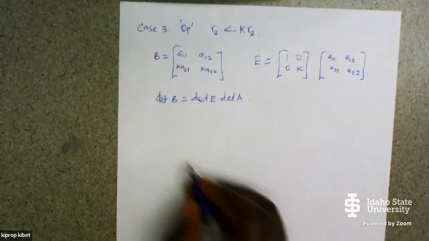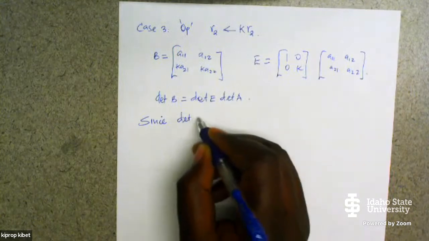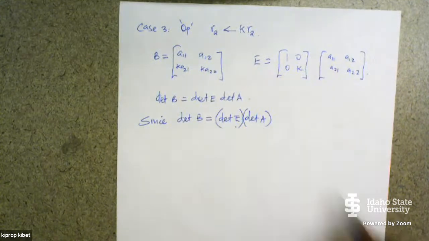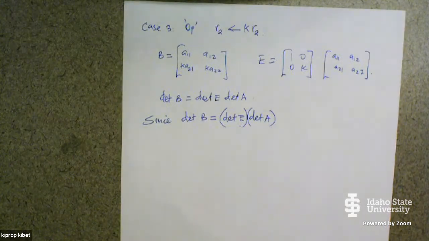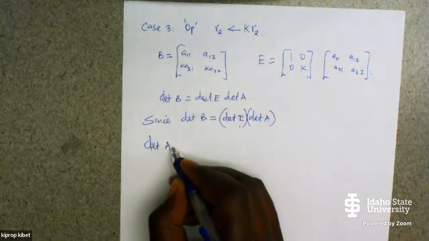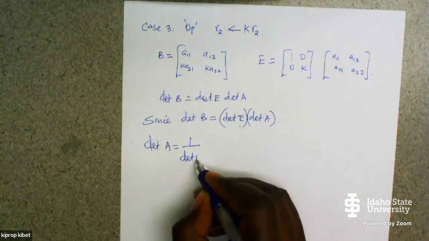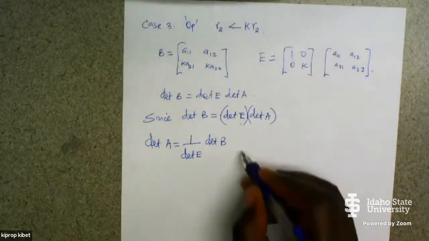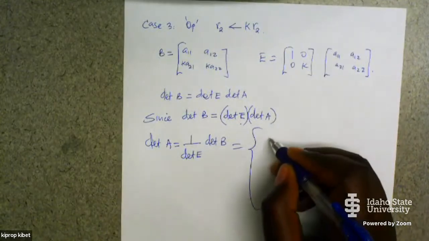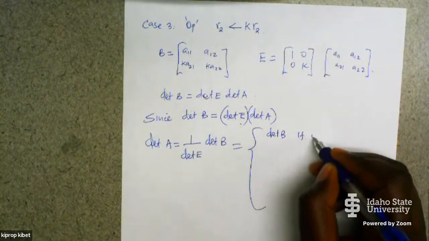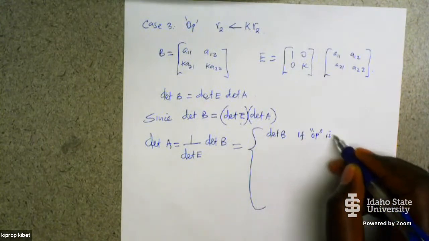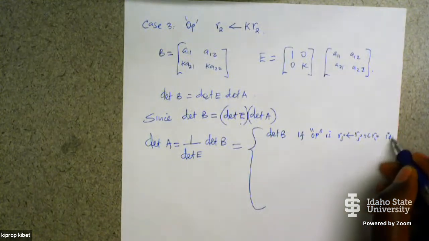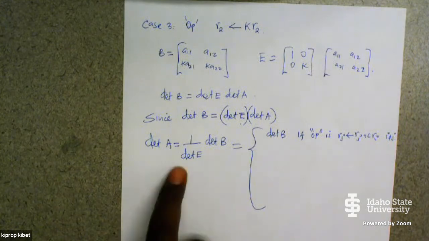Finally, since determinant of B is equal to determinant of E times determinant of A, to get the determinant of A, it is equal to 1 over determinant of E multiplied by determinant of B. Determinant of A is equal to determinant of B if the operation is Rj plus C Ri, where i is not equal to j, because determinant of E will just be 1.